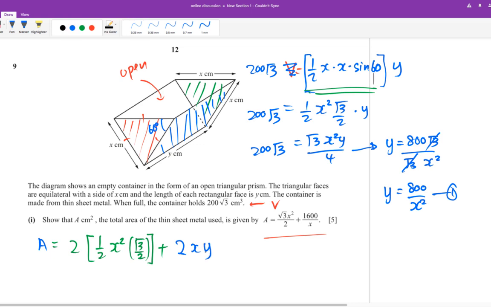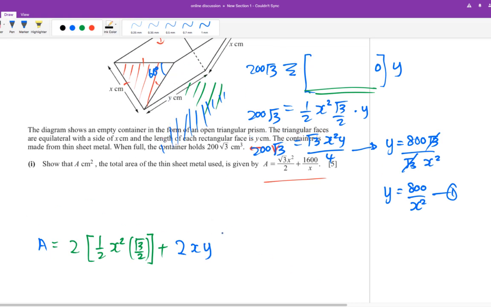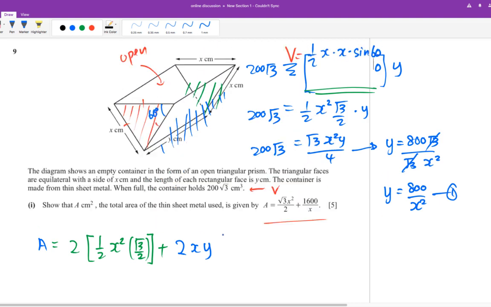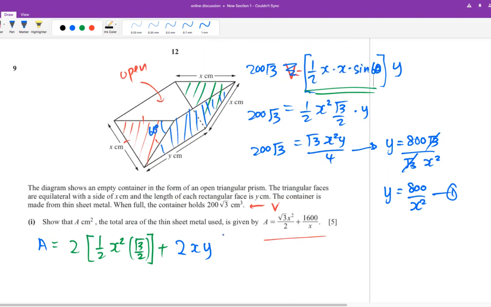In order to find that area, I will need to solve this. The software is hanging, so I'm going to use the limited space to solve this one first. Simplify 2 and 2. So here is surd 3 over 2 x squared, and then we sub my y in, plus 2 times x times y. x is just x, y is 800 over x squared, isn't it?